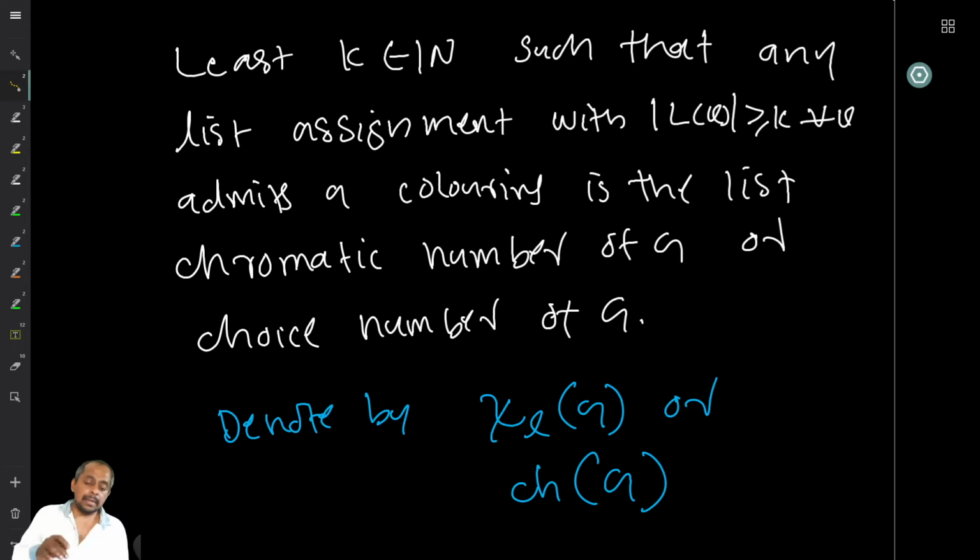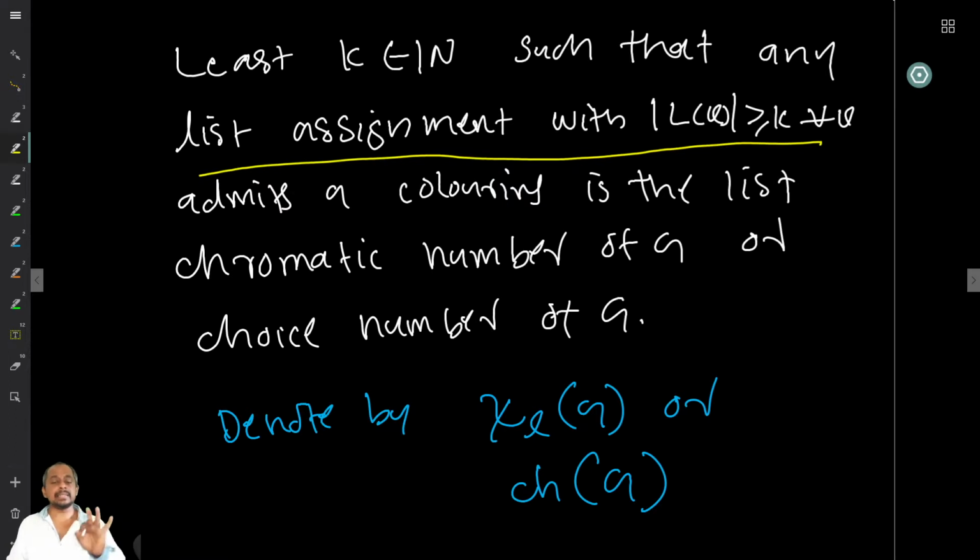Now, what is the least k such that I guarantee that every vertex has at least k colors associated with it? Whatever the colors are going to be, you will always get k colors. Now, can you color it? The least coloring number is basically the smallest k such that if I guarantee that |L(v)| is greater than or equal to k for every vertex, then you can always find a proper coloring where each color comes from the associated list.